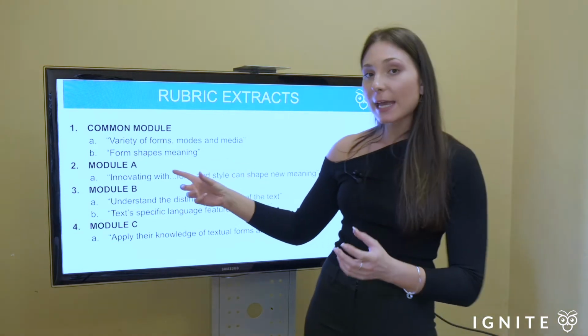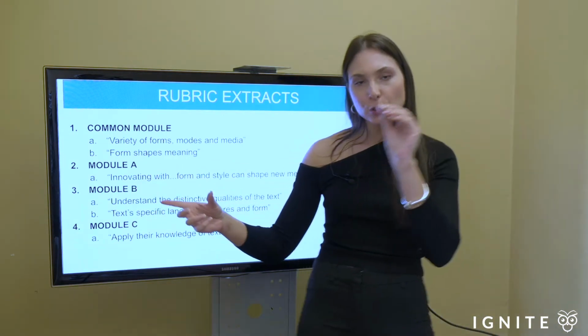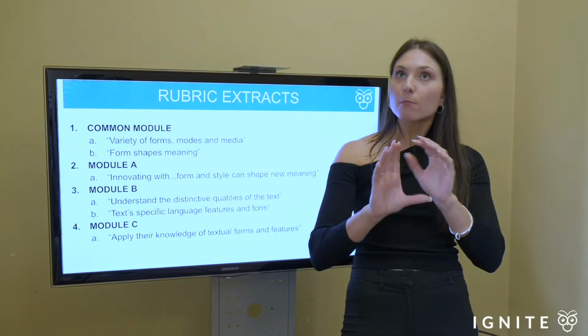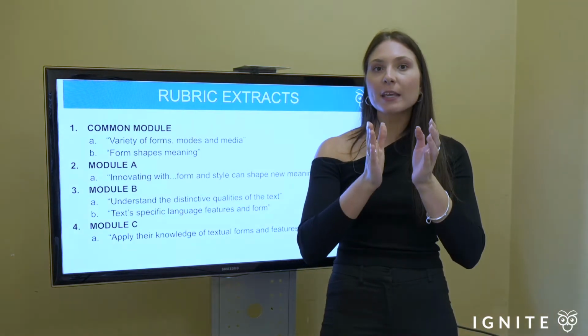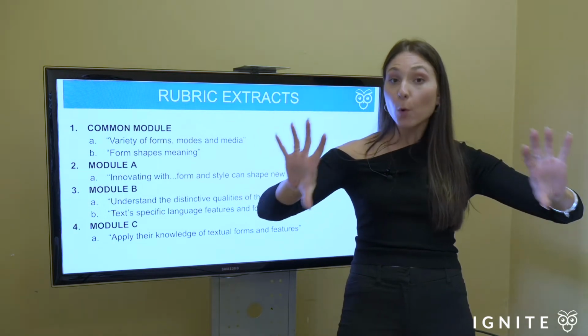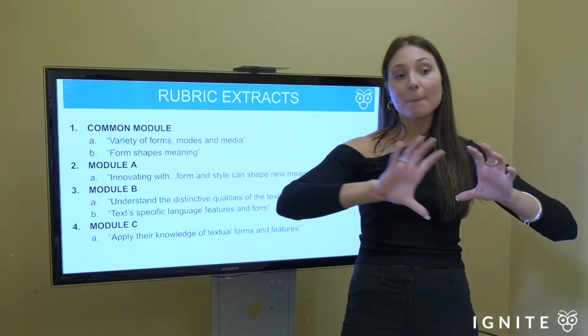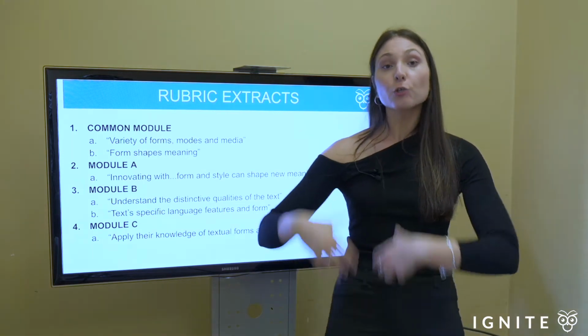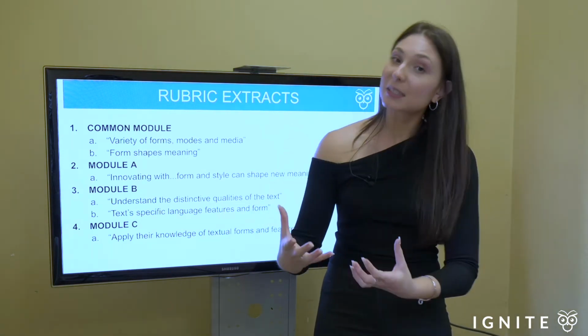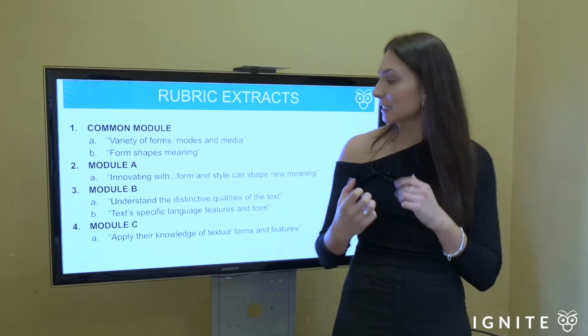If we look at Module A, you're comparing two texts, and in most Module A cases, with the exception of Plath and Hughes, you're thinking about two completely different forms that those composers have used, and how perhaps taking a source text and representing it in a new form invites new ways of considering the ideas that are contained within them.